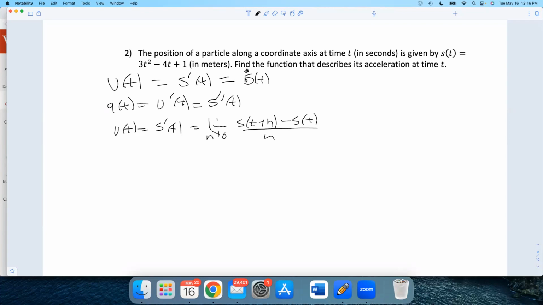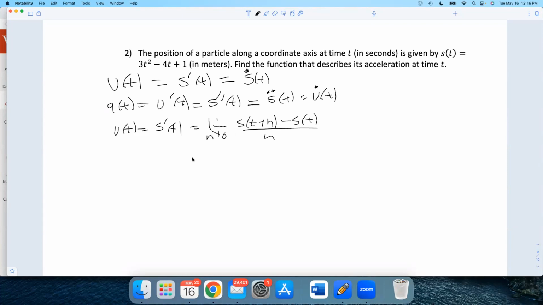Dot means derivative with respect to time. It means your independent variable is time. And we might call the second derivative s double dot, or, like we said a second ago, v dot. Acceleration is the derivative with respect to time of velocity.